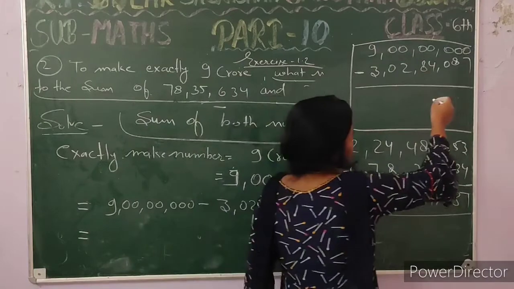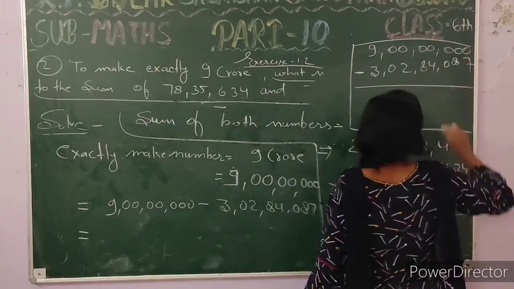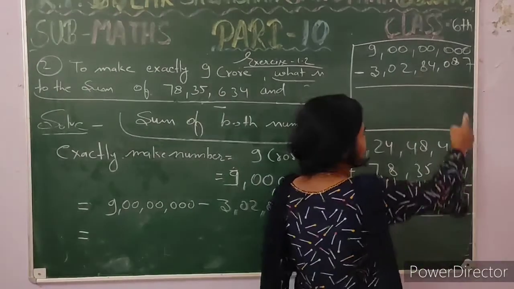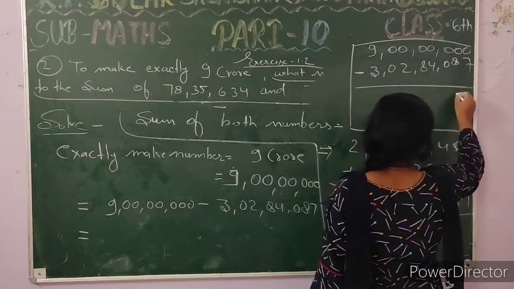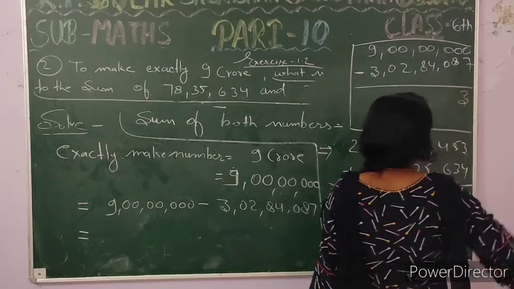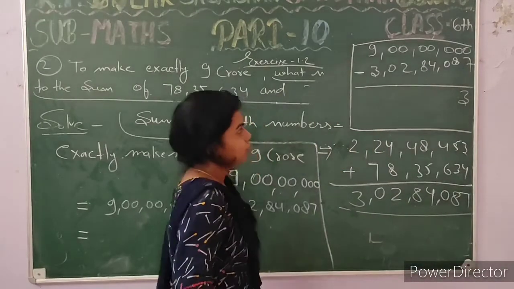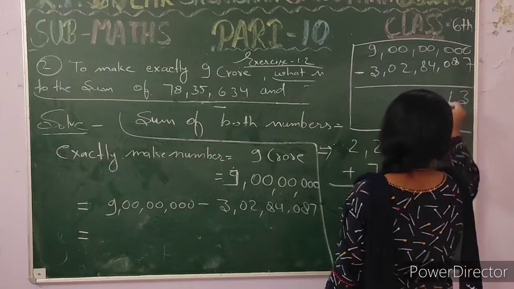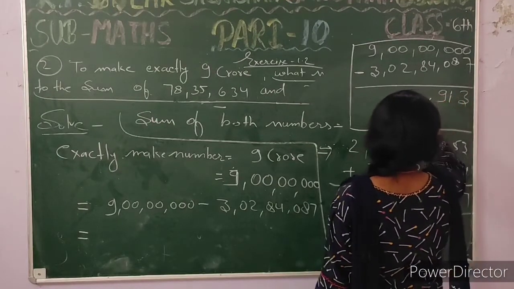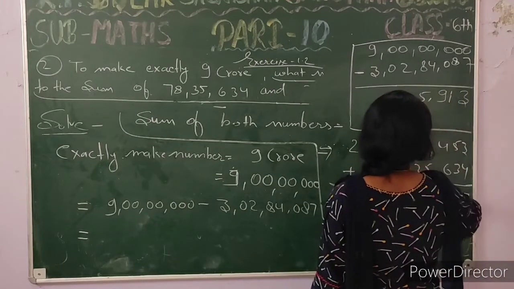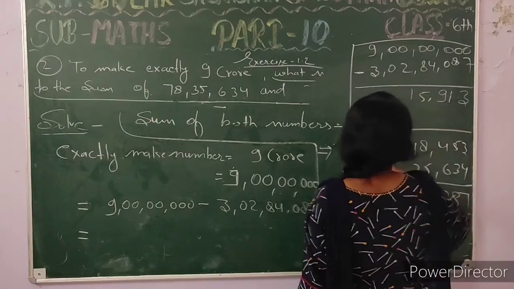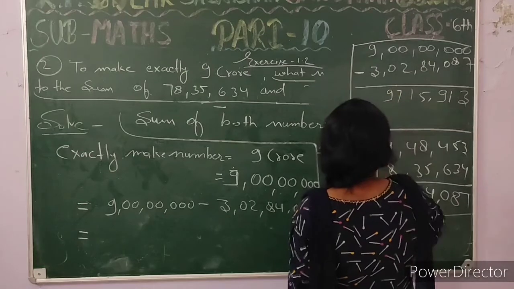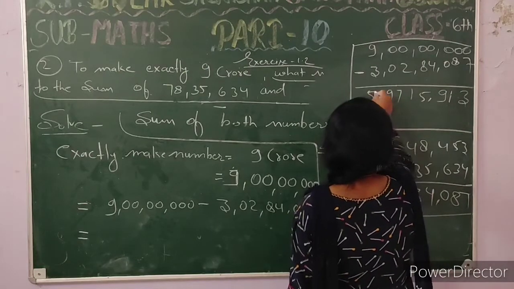Here 0 is smaller than 7, so we can't subtract directly, so we borrow: 10 minus 7 is 3. Then it becomes 9, 9 minus 8 is 1, 9 minus 4 is 5, 9 minus 8 is 1, 9 minus 2 is 7, 9 minus 0 is 9, and 8 minus 3 is 5.